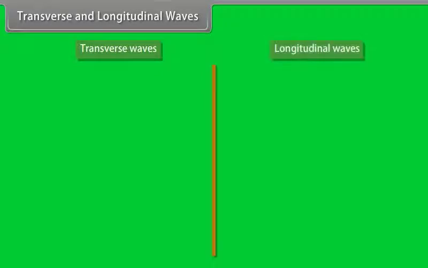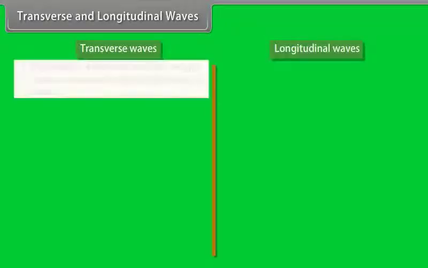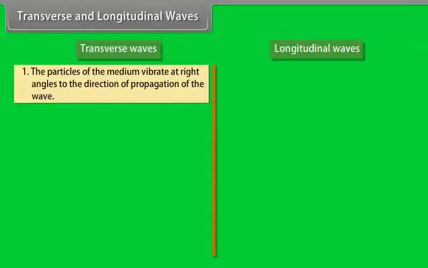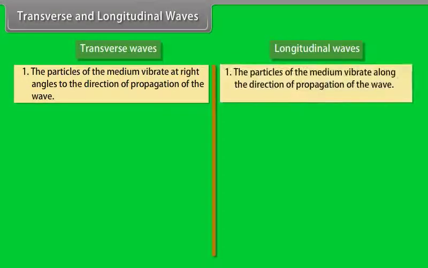Let's make the difference between transverse waves and longitudinal waves. Number 1. In transverse waves, the particles of the medium vibrate at right angles to the direction of propagation of the wave, whereas in longitudinal waves, the particles of the medium vibrate along the direction of propagation of the wave.